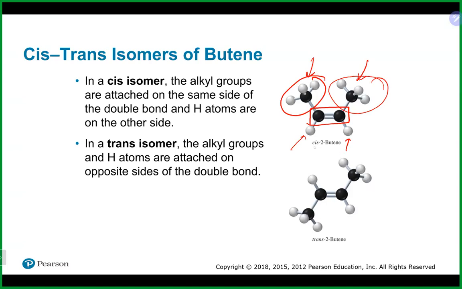To name 2-butene, we add cis or trans to the front of the name if necessary. And if we look at our double bond here, we have methyl group, hydrogen, hydrogen, methyl group. The methyl groups are now on opposite sides of the double bond, so that's going to be our trans in this case.